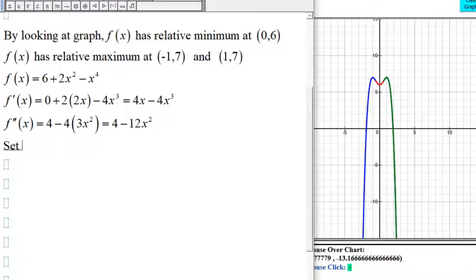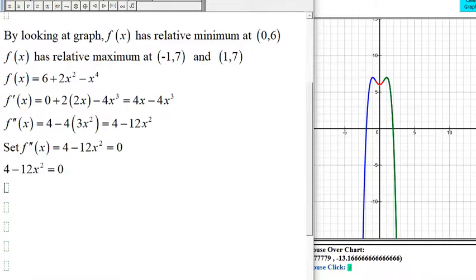And then now we set the second derivative equal to 0. And then we solve this equation right here for x. So subtract 4 from both sides.